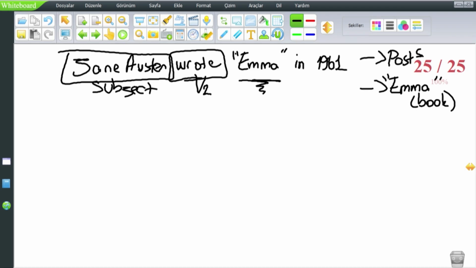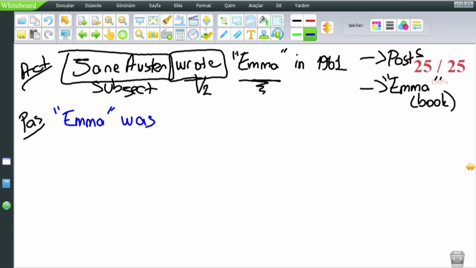Now I can rewrite it in passive voice. Emma, past simple, was. I want to use write, third form. Write, wrote, written.